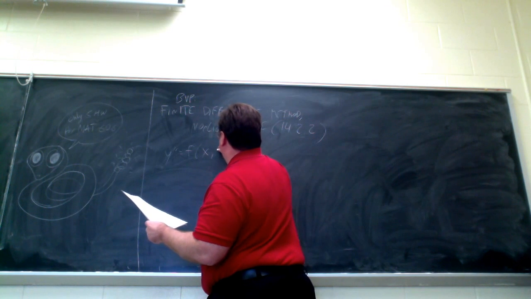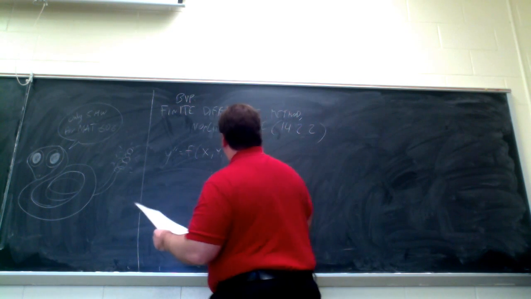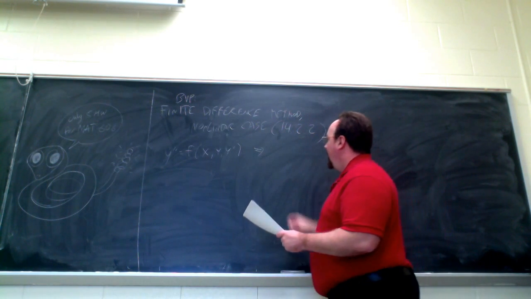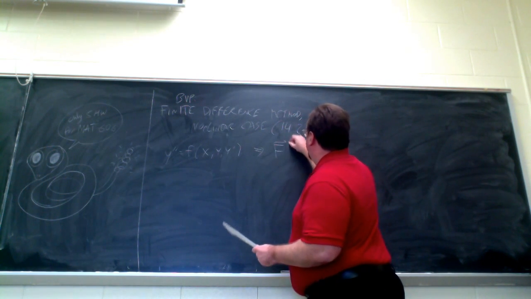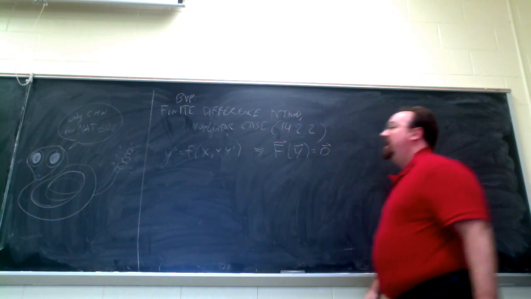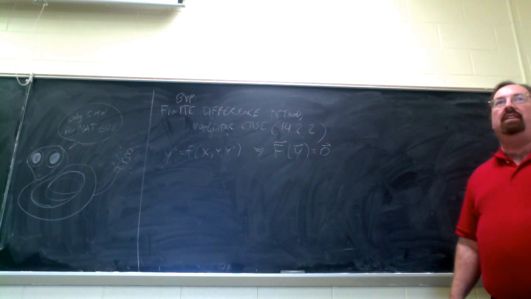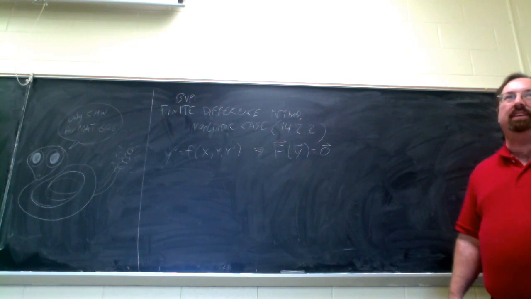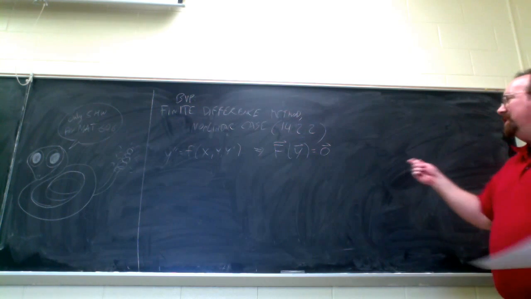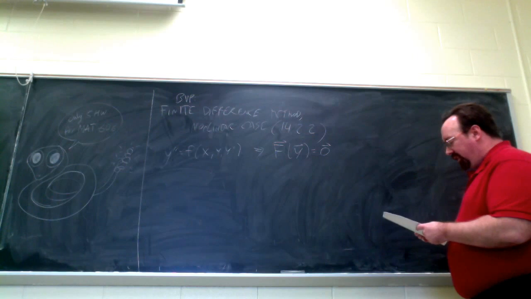Y double prime is f of x, y, y prime. And we want to discretize that using these differentiation rules, like in the linear case, to arrive at a system of equations to solve F of y equals 0, which we can solve using the methods I was covering before, like Newton's method or Broyden's method. In fact, in the final project, you'll be using both of those to solve this system. So what I'm going to cover now is, what is the system?